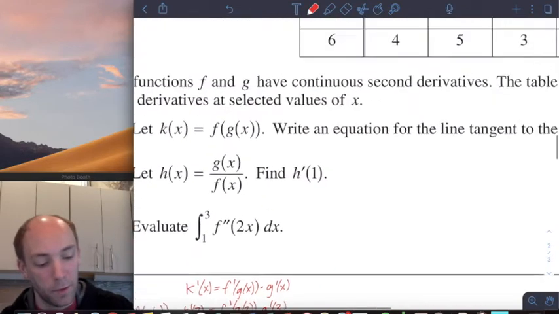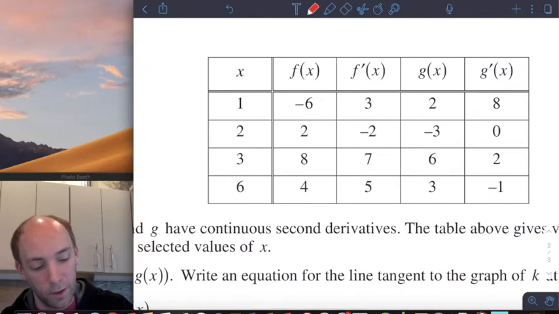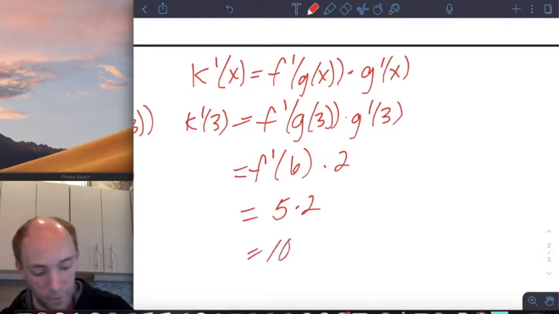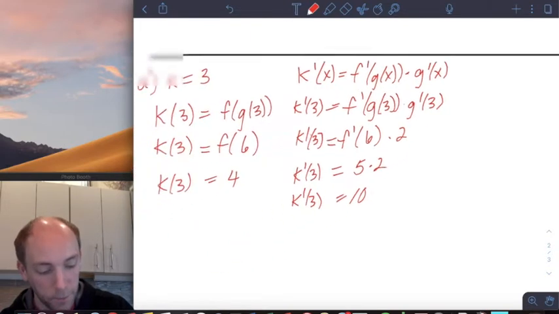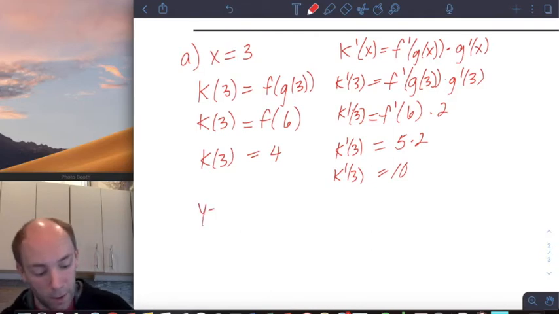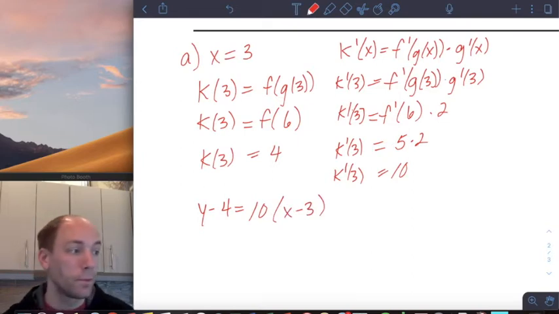And f prime of 6 is 5. So now I've got 5 times 2, which is 10. To write the equation of the tangent line, we take y minus 4 equals 10 times x minus 3. We can leave it just like that.